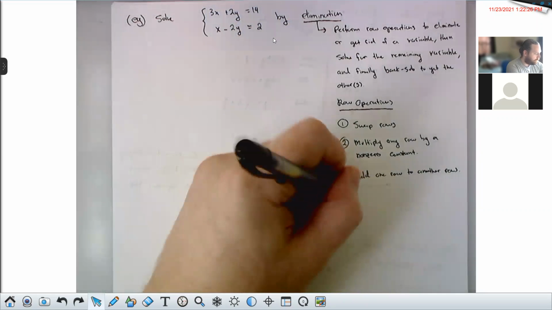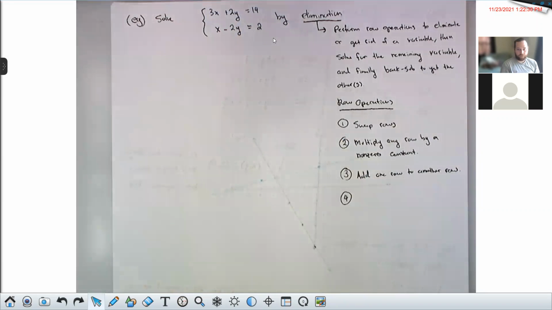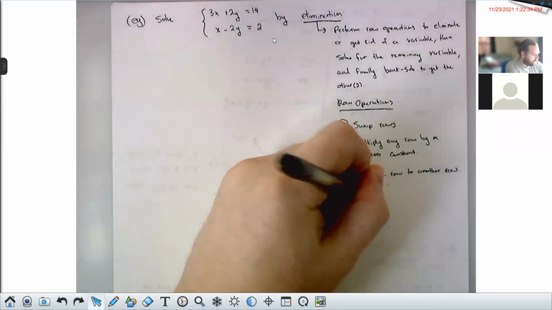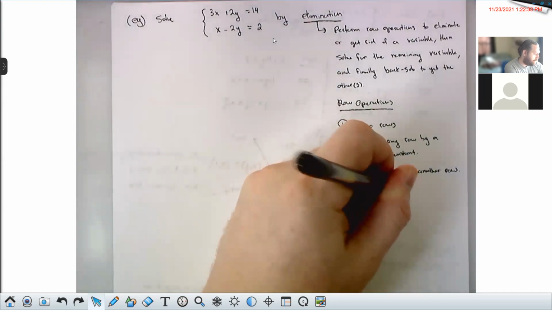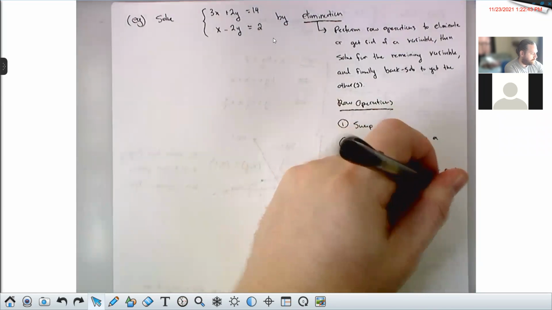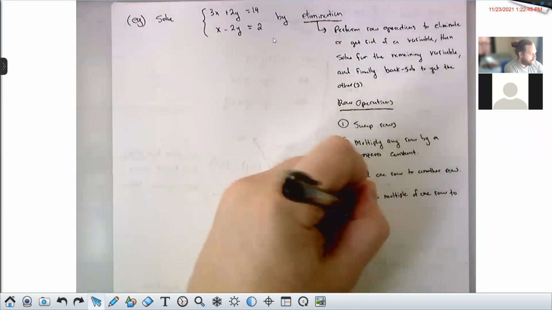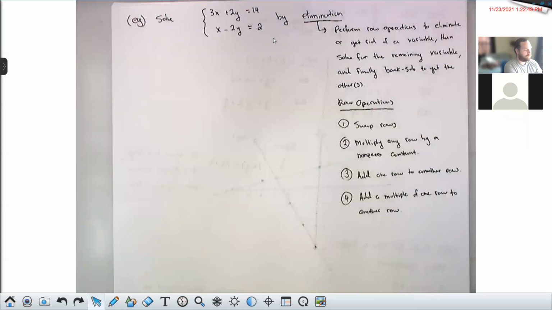And then the last thing, and this is the one that we're going to use more than anything else once we get comfortable with this, is combining items 2 and 3. You can add a multiple of one row to another row. Really, this is just taking the second thing and the third thing and combining them into a single thing.